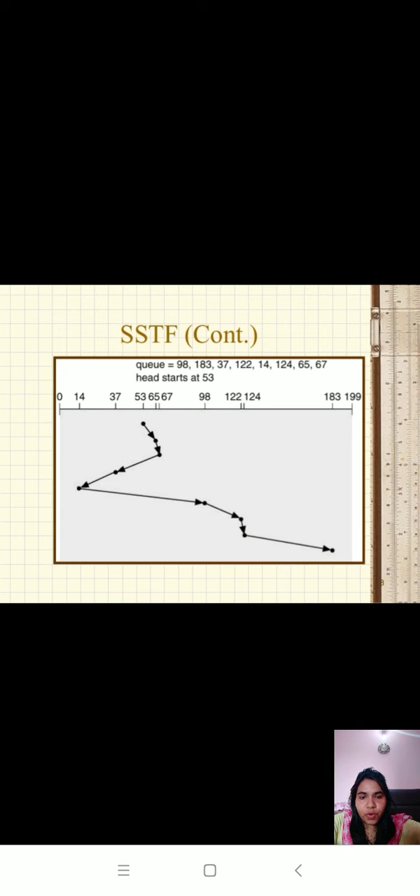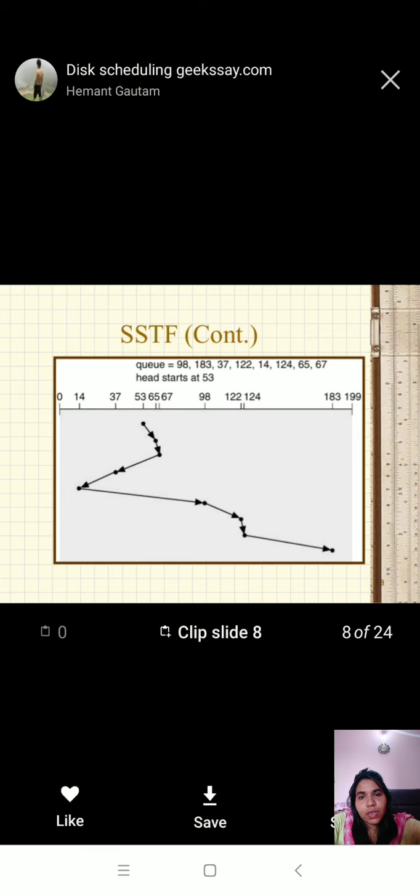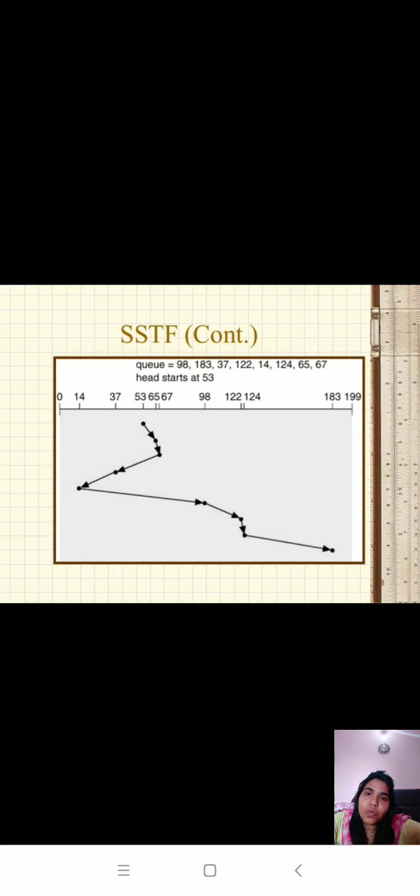where our read write pointer is pointed, how it goes quickly to a different track. Okay, so we have to find the shortest seek time. So you can see that if our read write pointer is at 53, then we can go from 53 to 65 quickly.